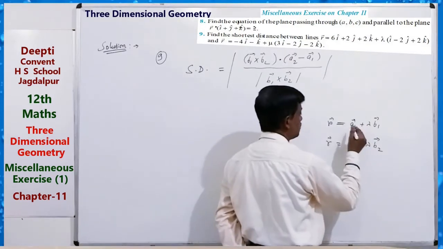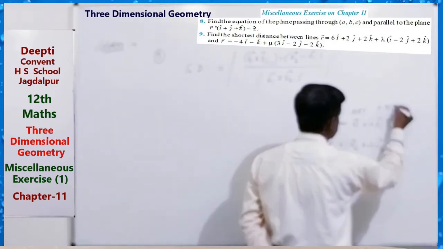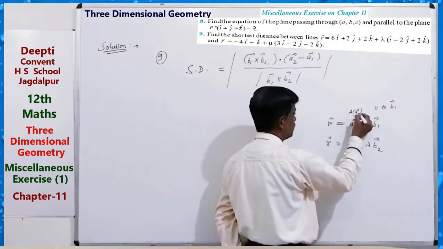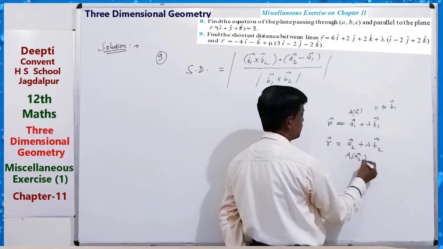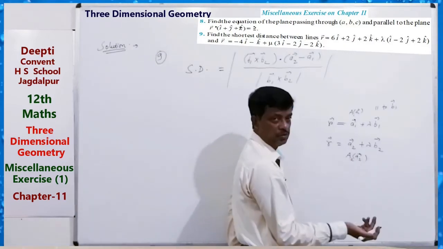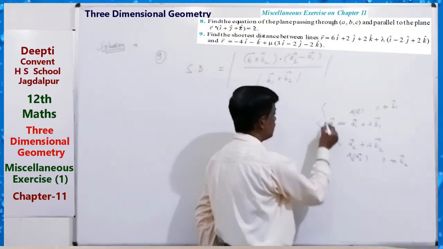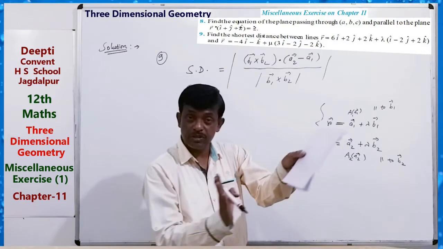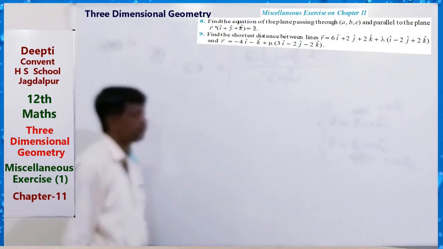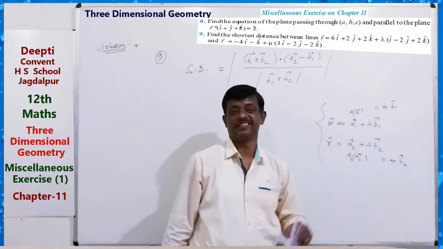This is the equation of a straight line. This line passes through the point A1, whose position vector is a1, and is parallel to the vector b1. This line passes through the point A2, whose position vector is a2, and this line is parallel to b2. Then this gives the shortest distance between these two lines, when the lines are not intersecting.